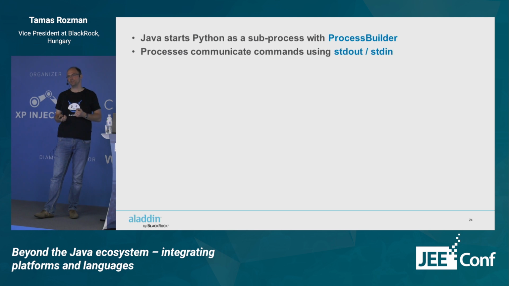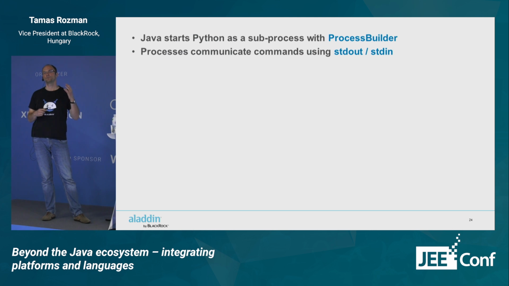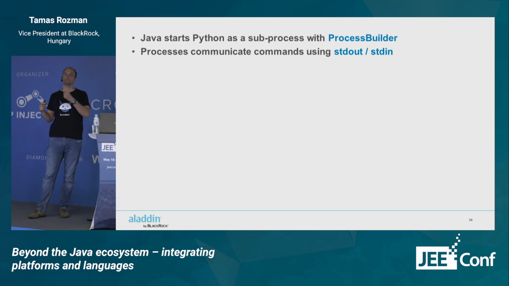And we communicate with each other by writing a command to Python's standard input, and Python would parse this command and write the response into its standard output, which is an input stream in Java. So basically, you would have this request-response using standard input and standard output.